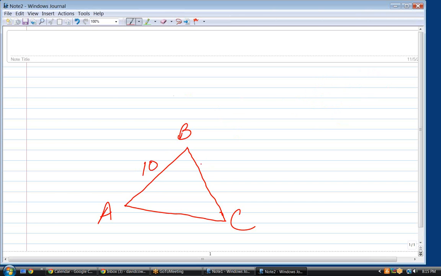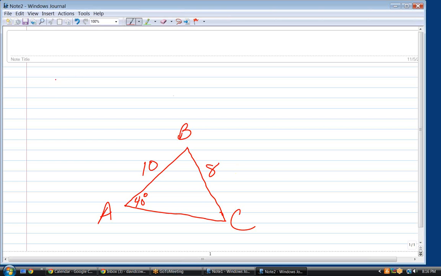This side is 10, this side is 8, this angle is 40 degrees. Notice that we have side-side-angle, which is not enough to prove similarity or congruency. And notice that I can use the law of sines here, right?